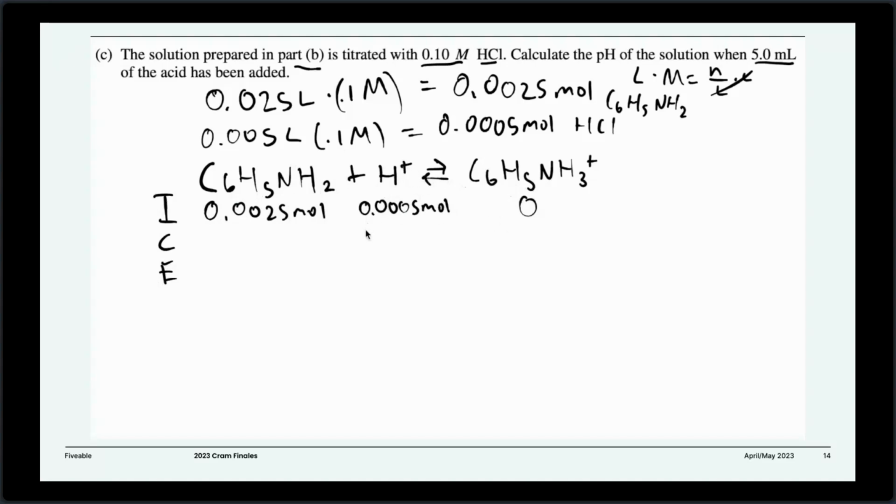So obviously, it's the hydrogen, and it usually is the hydrogen, and for bases, it's usually the OH. So it's going to be minus 0.0005 over here, minus 0.0005, and over here we're adding 0.0005 because whatever we do here, we do the opposite on the product side.